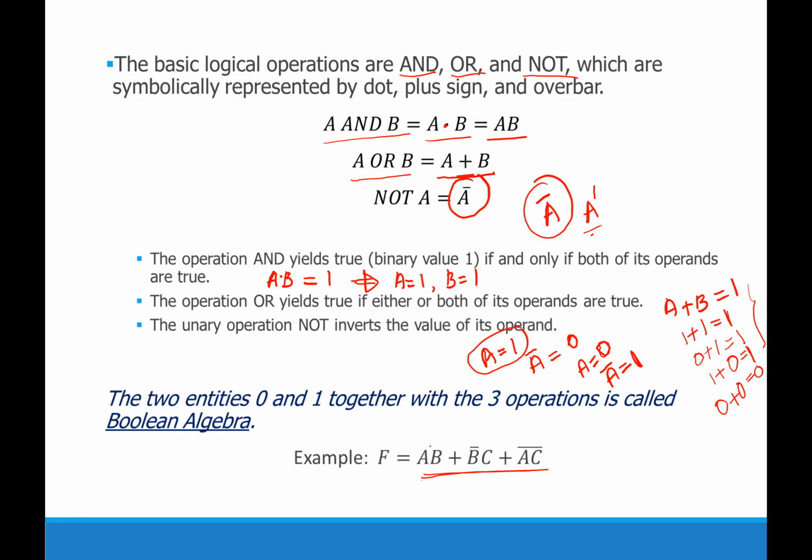Here you can see the AND operation, the logical multiplication, and here you can see the OR operation, the logical addition, and also here you can see the NOT operation, that is called the logical complementation. Okay, any doubts so far?